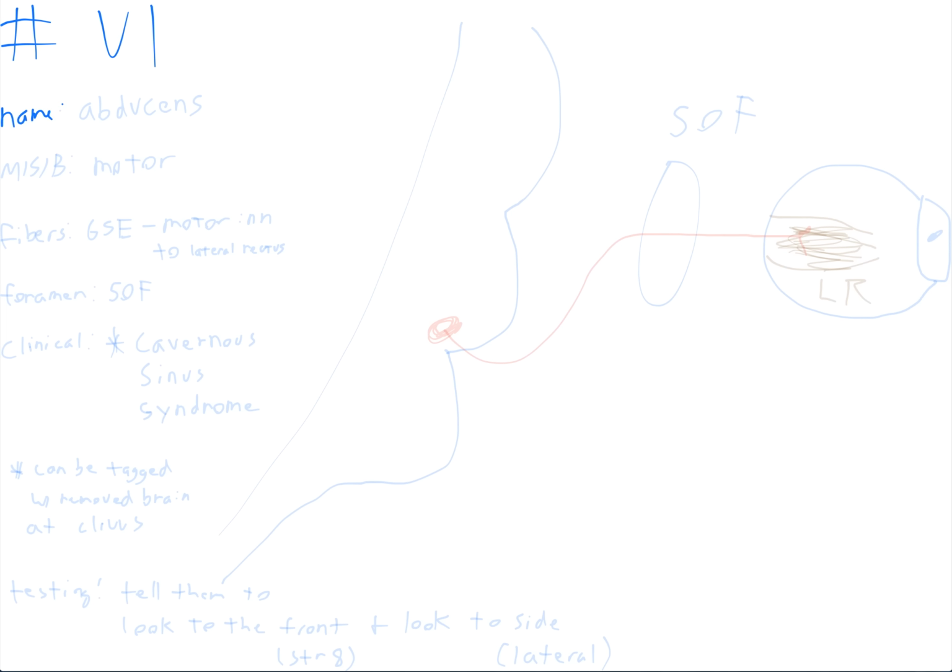So this one. The abducens nucleus is going to send its fibers out, and they're going to exit the brainstem at the pontomedullary junction, so the junction of the pons and the medulla. It's going to travel in the cavernous sinus, and it's going to enter the orbit through the superior orbital fissure.